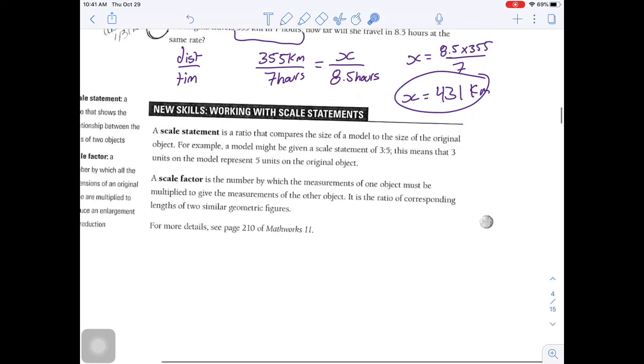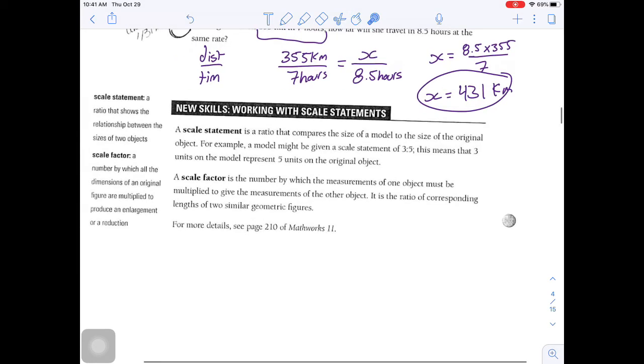Okay, so from here, we're going to learn a little bit about scale statement and scale factors. So scale factors is something you actually learn in grade 9, and this is where you multiply everything by the same number. So you can figure out the scale factors by dividing certain numbers. A scale statement is just saying that this is like a 3:5 ratio. So that means 3 units on the model represents 5 units on the original model.